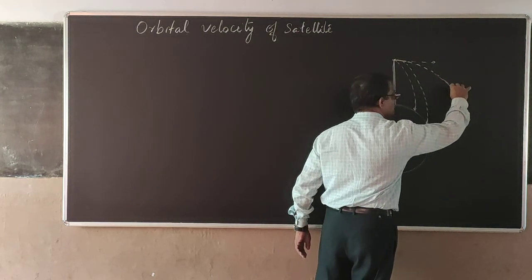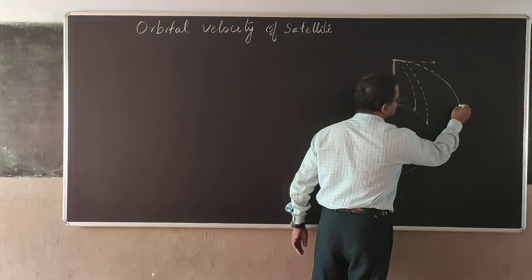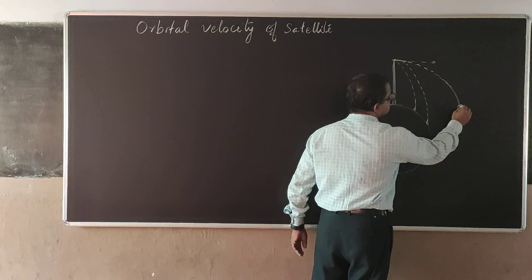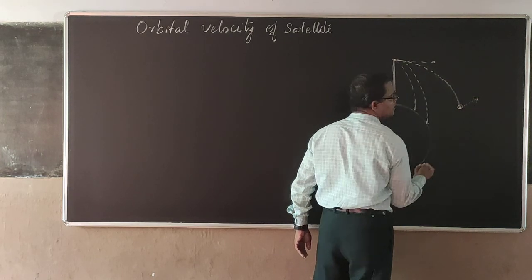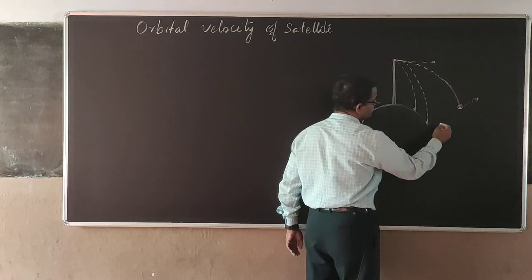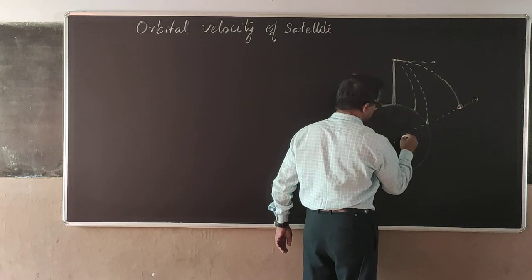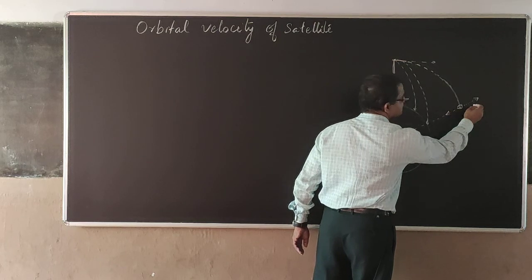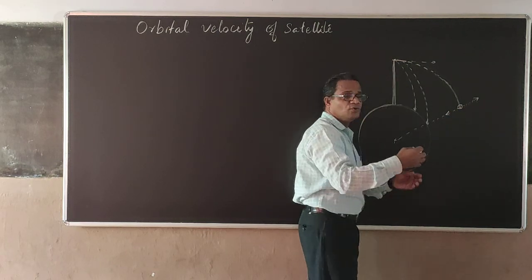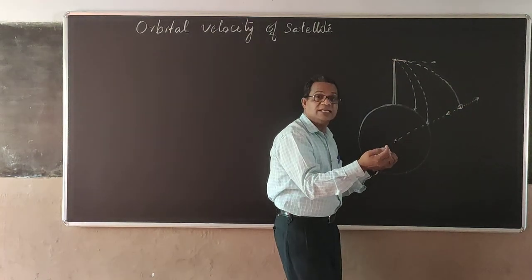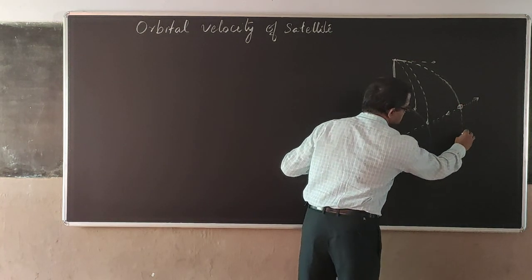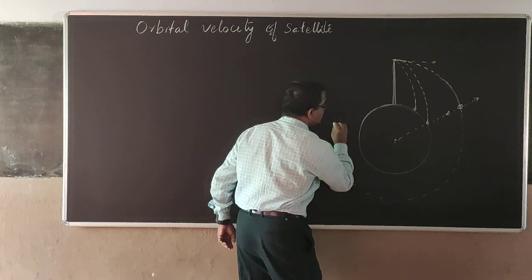But as it bends, at a particular place it will have a centrifugal force and there will be attraction of Earth also. When the attraction of Earth and this centrifugal force balance at a particular point, the body after this will be moving around Earth.